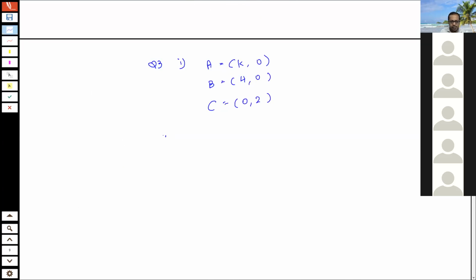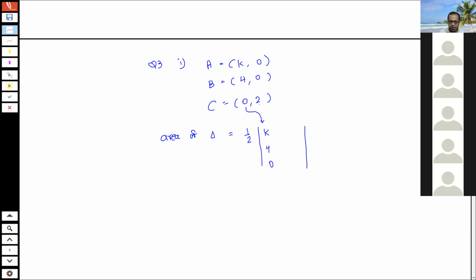Okay. Now, we know that the area of a triangle is equal to half the value of one determinant. Now, in this determinant, in first column, what should I write? So K, 4, and 0. Yes. So we'll write X coefficients, which is K, 4, and 0.